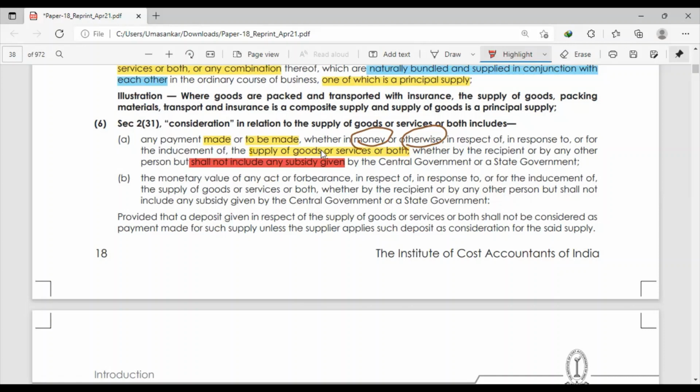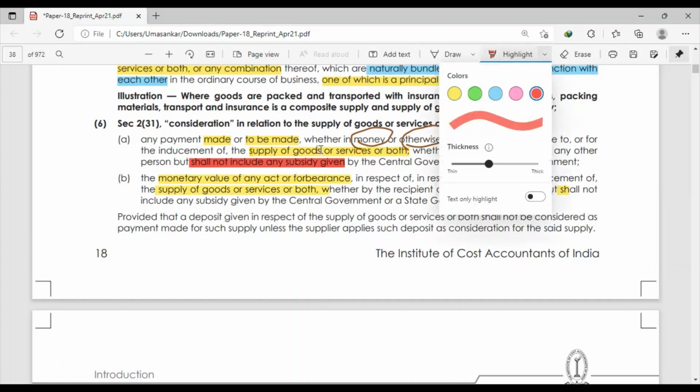The monetary value of an act or forbearance, in response to or for inducement of the supply of goods or services or both, whether by the recipient or any other person, but shall not include any subsidy given by the central government or state government.